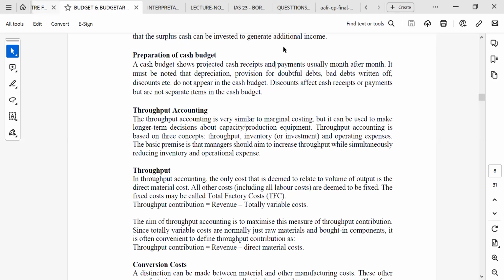Okay, how do we calculate profit and how do we calculate contribution? Let's say contribution. How is contribution calculated under marginal costing? Yeah, Senior Augustine.